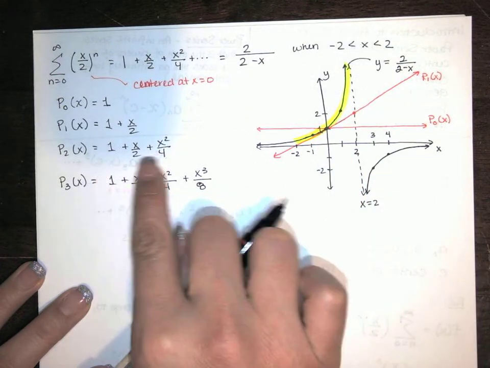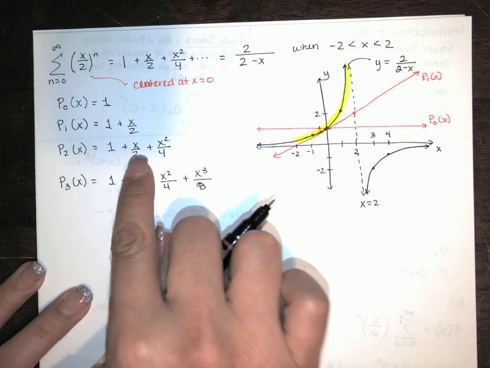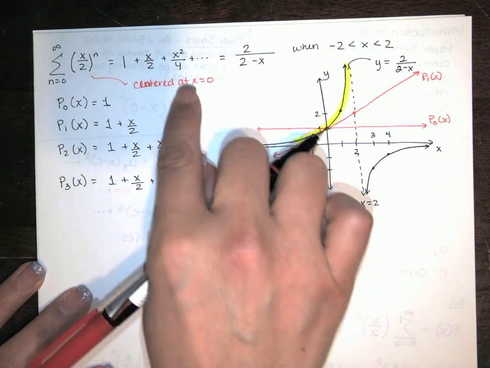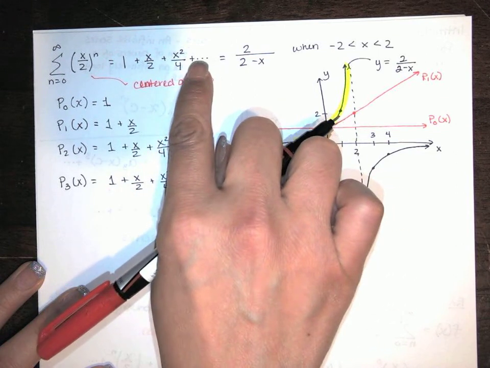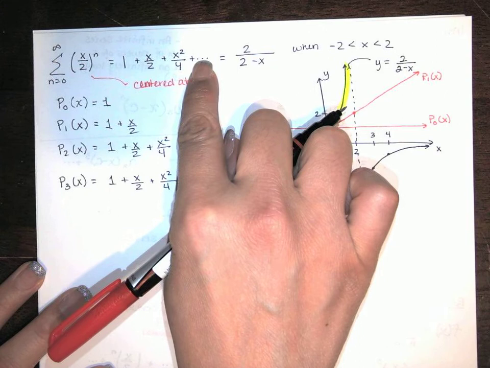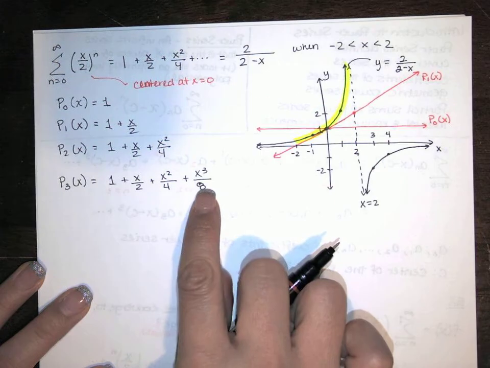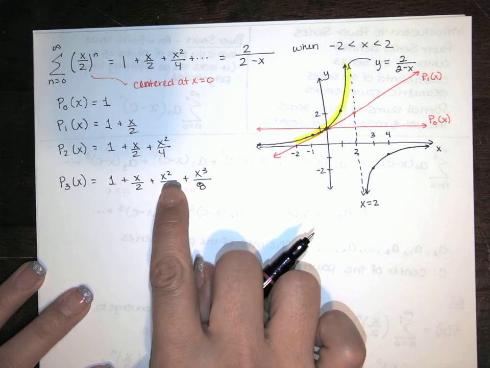Now this one is a little bit harder for me to graph, but if we're very close to 0, let's say you keep going like this. The next term, the one that's missing, is that x cubed over 8. Now if x is very close to 0, x cubed is very small compared to x squared.